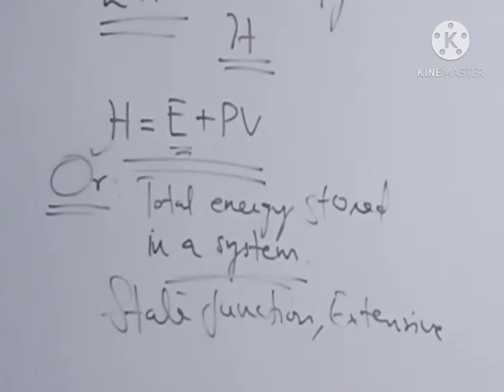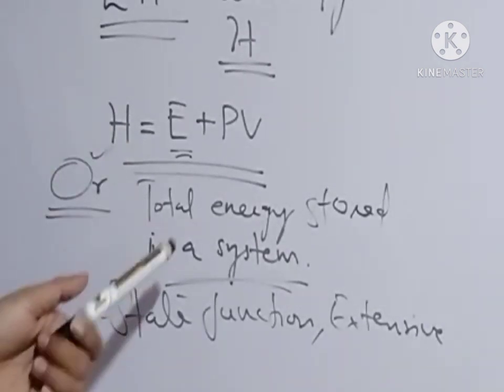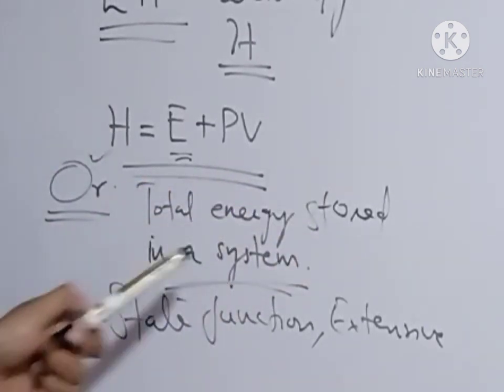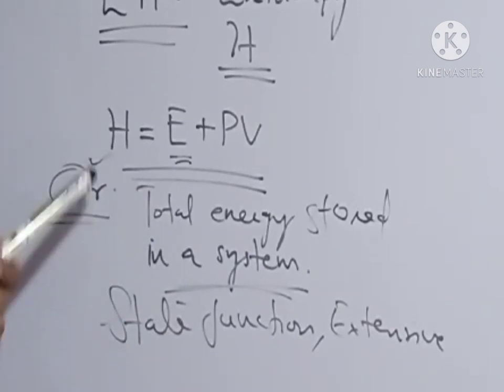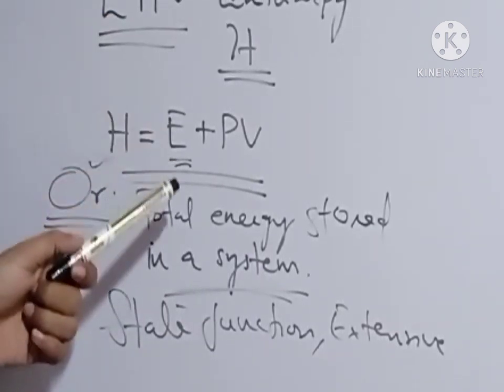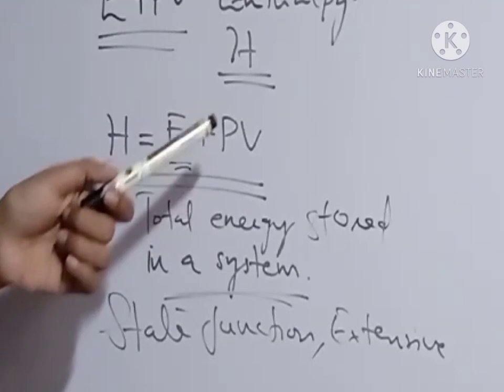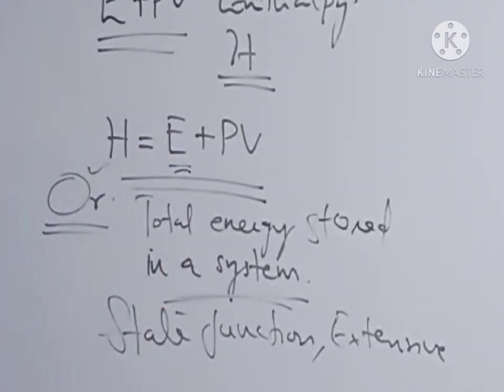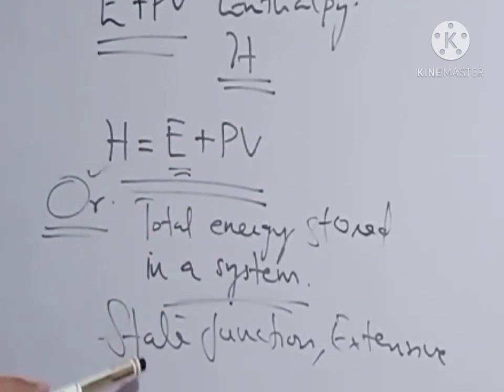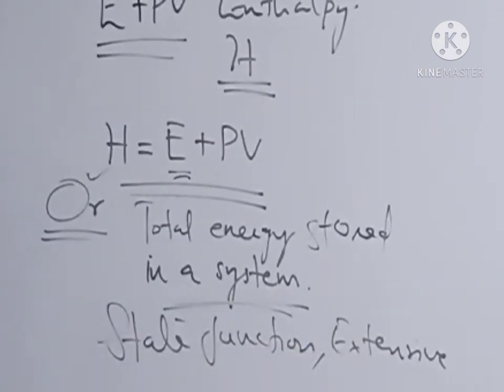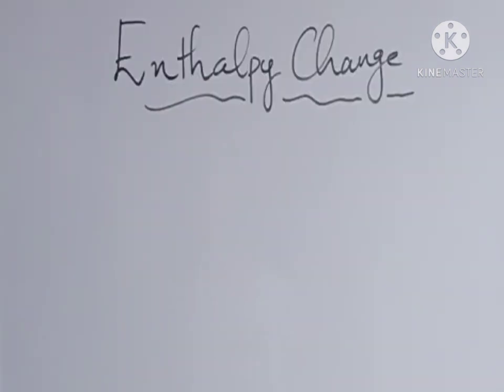So, enthalpy is the total energy stored in a system, and it is the sum of the internal energy and the product of pressure and volume, and it is a state function and extensive property.